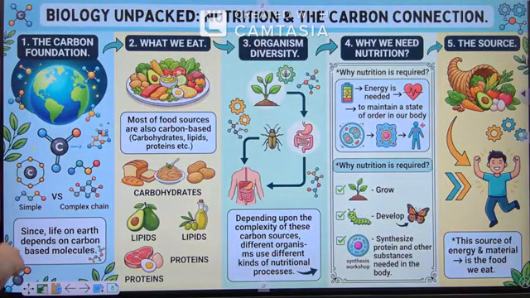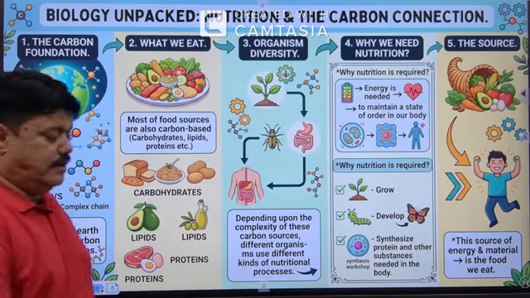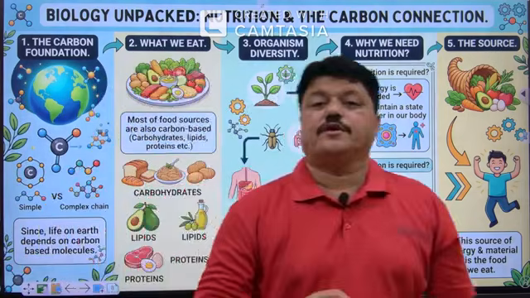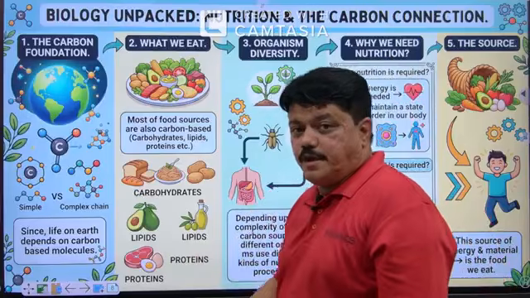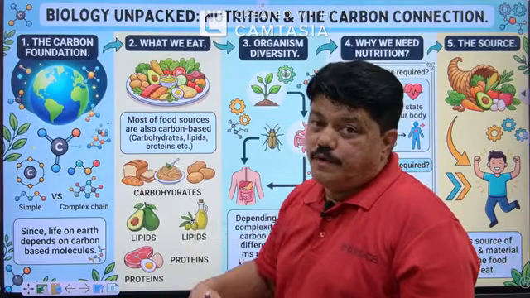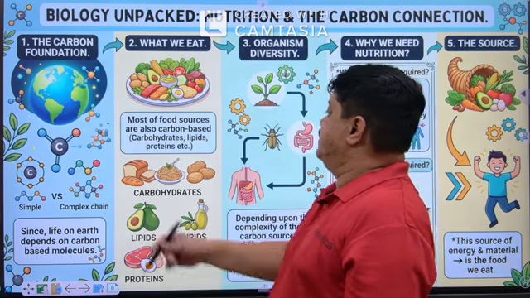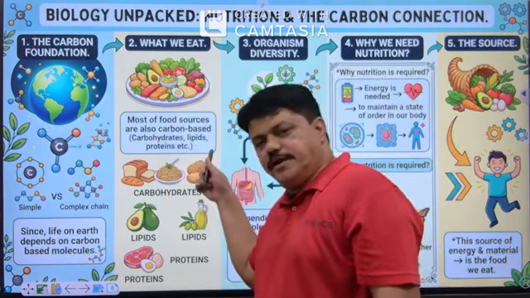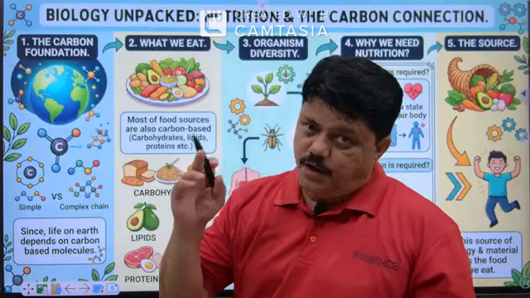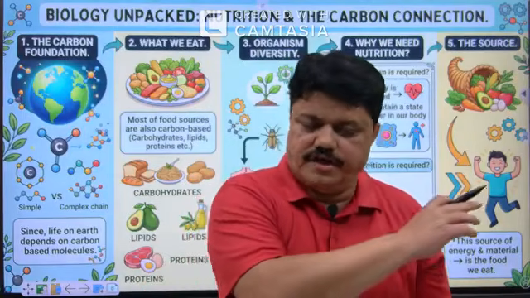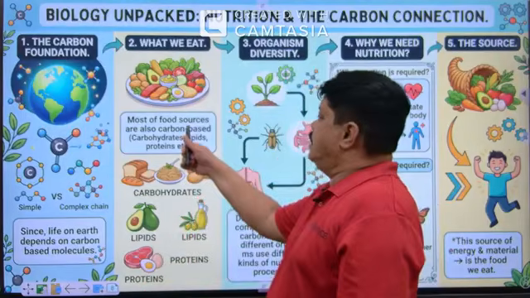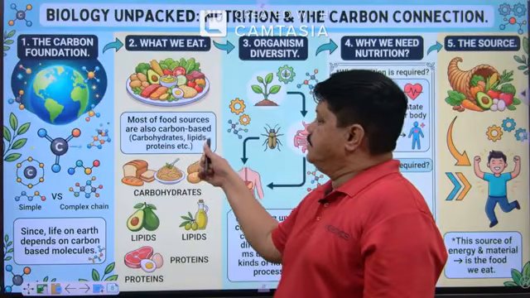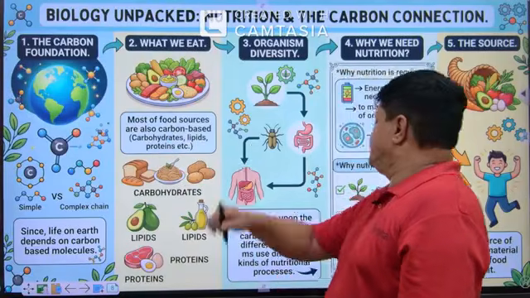Next, for nutrition, we know that life on earth depends on carbon based molecules. So our food or source of energy, most of our food sources, are also carbon based, like carbohydrates, lipids, proteins, nucleic acids, etc. They all are carbon based food sources.